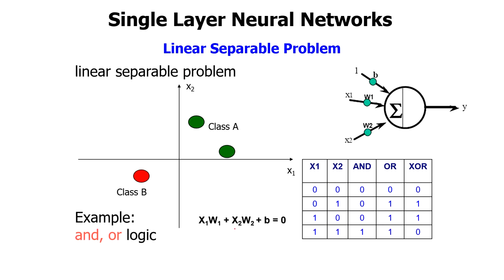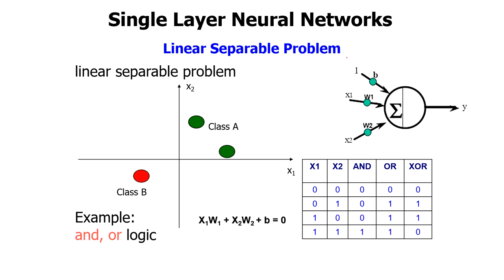To gain some understanding of how we can utilize a simple single neuron to solve a given problem, let's say we have this kind of sample set in which class A is the green dataset, whereas class B is the red dataset.